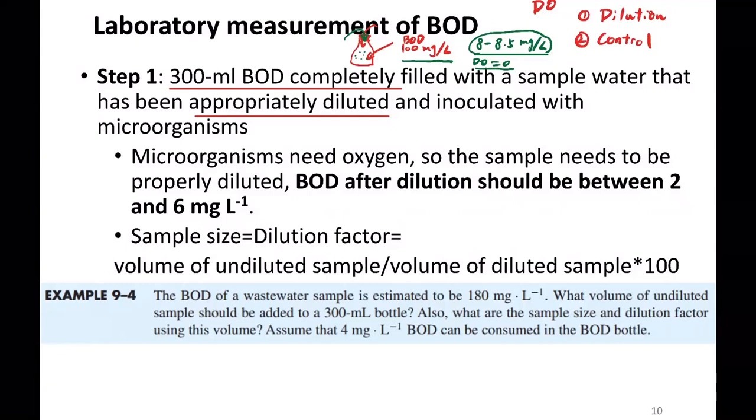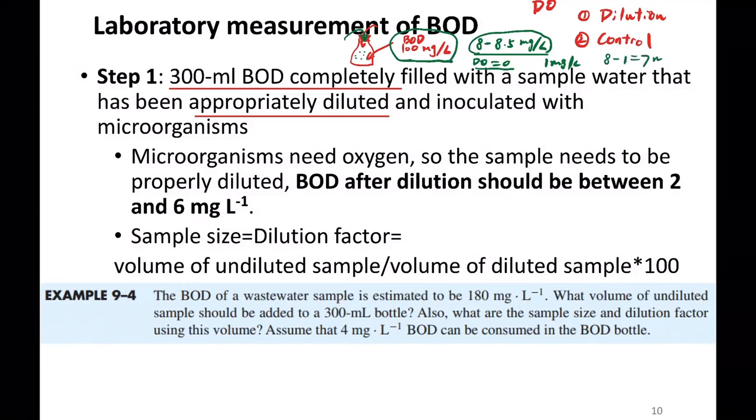So that's why we have to dilute this into an appropriate region so that we can measure the dissolved oxygen at the final state, right? For example, if the final dissolved oxygen is 1 milligram per liter, then we know that the oxygen demand is just 8 minus 1, right?